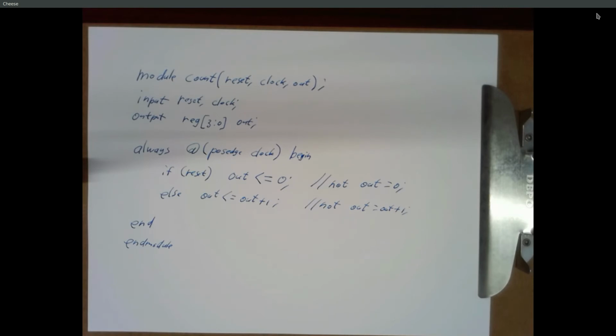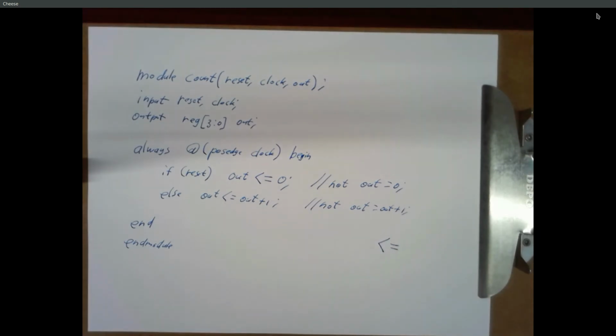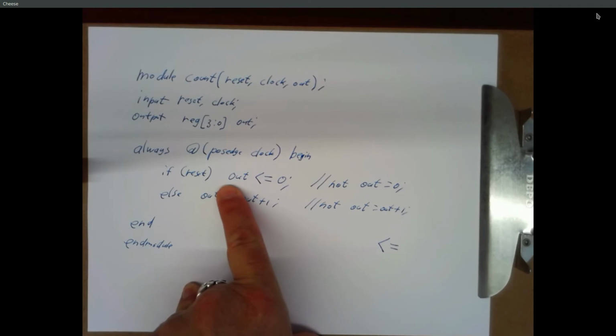What does the less than sign in front of that mean? Less than equal is an assignment statement. Think of it as a single symbol. It's like an arrow. Yeah, I know, but like you said, "not out," so I thought that meant something different in the context of Verilog. So the less than equal says I want to assign this value to that register, right?